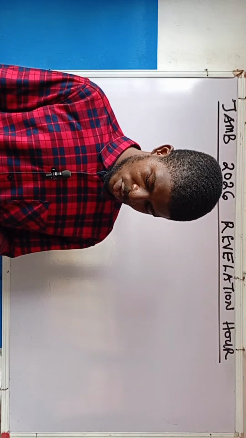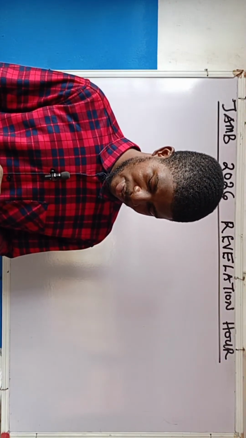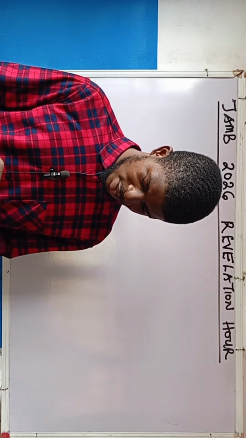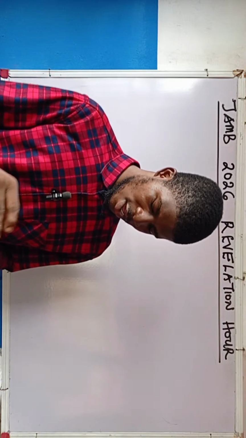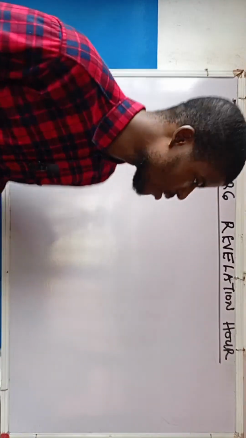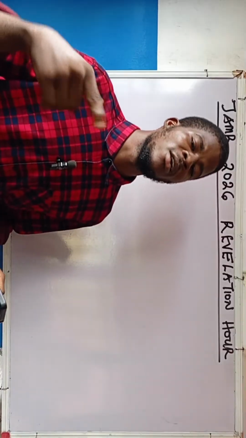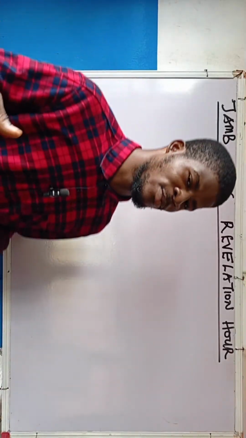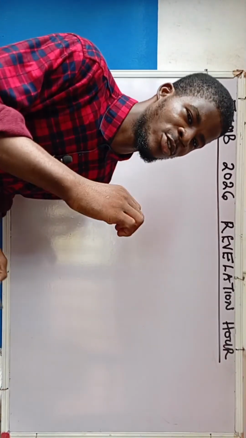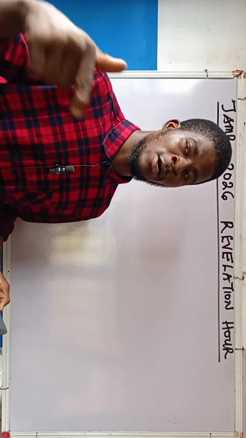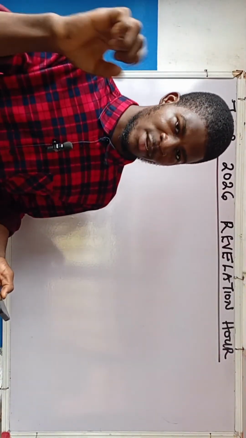Now, there's a question I'm going to start with. It's on locus of a point. This question came out in Jamb 2010. It comes out more often in different formats. Locus questions come out as either calculation questions or word problems.